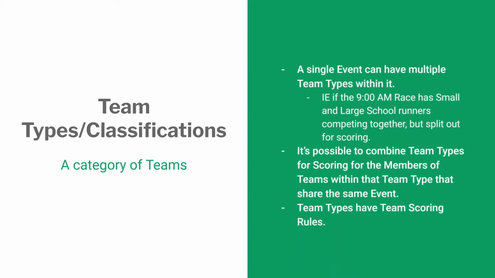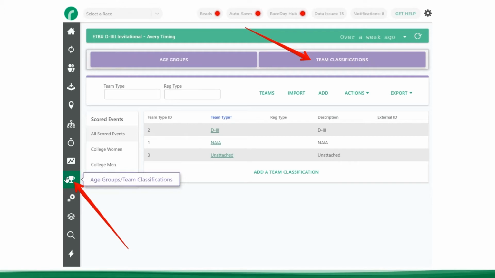Team types themselves have team scoring rules. The way we did this in RaceDay scoring is a little bit different from Race Director in that we do allow you to say this team type has specific scoring rules that are different from another team type. In general, it's usually the same for cross country, but it's just good to understand that flexibility is there for you.